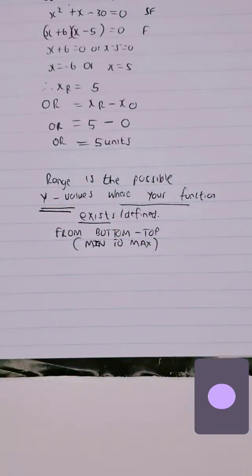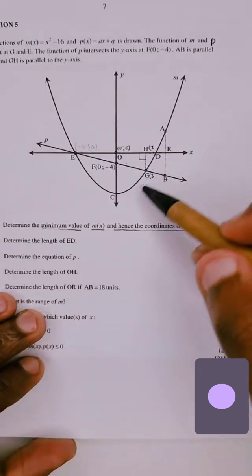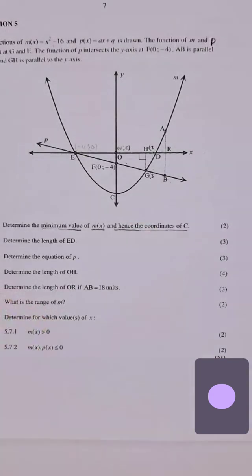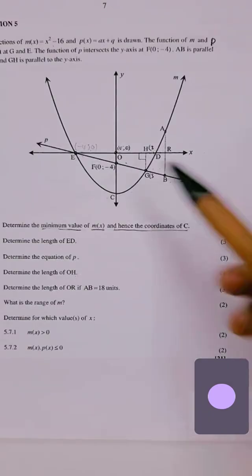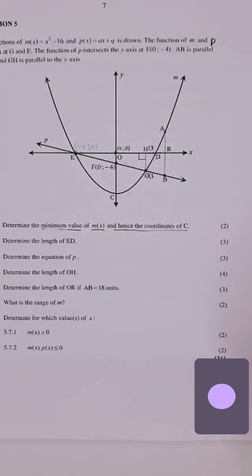So m of x, where is m of x? This is m of x. Do you still remember what the minimum value was for m of x? Yeah, I don't remember. But it was at the coordinates of C. Yeah, but specifically, we said the minimum is equal to a specific value there.